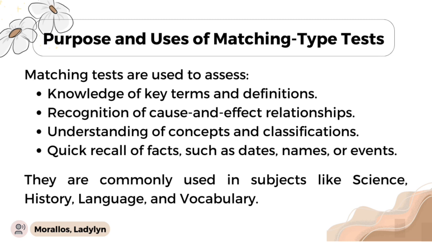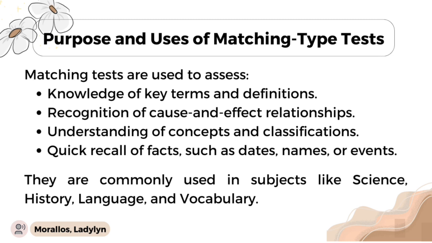Number three is understanding of concepts and classification. Matching type tests are used to check if students can group ideas or things correctly. For example, students might match animals to the right category like mammals or reptiles.